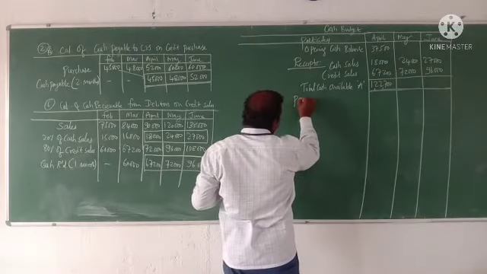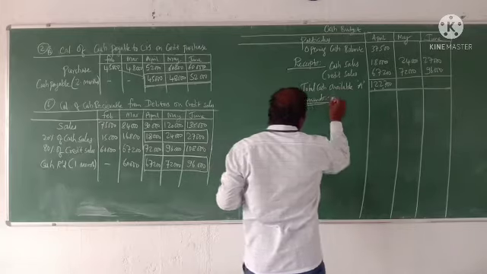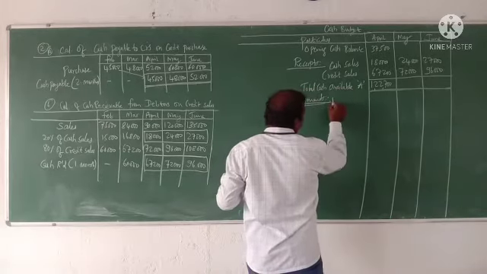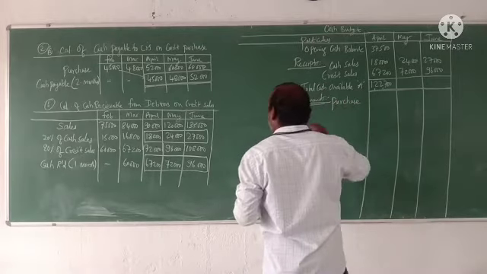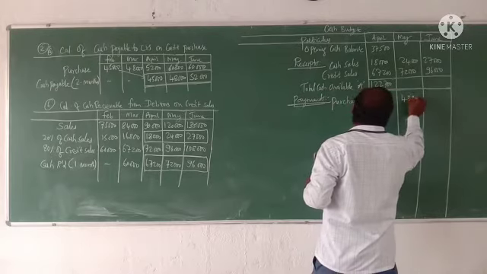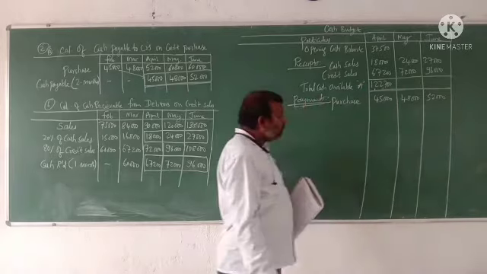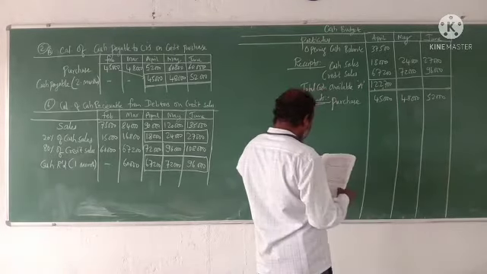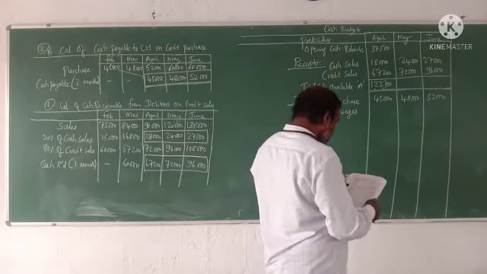Come to the payments. So which are the payments? Purchase. First we take purchase. Already calculated 45,000, 48,000, 52,000. Now other expenses, wages. So what is the time period given? 1 month time period given.